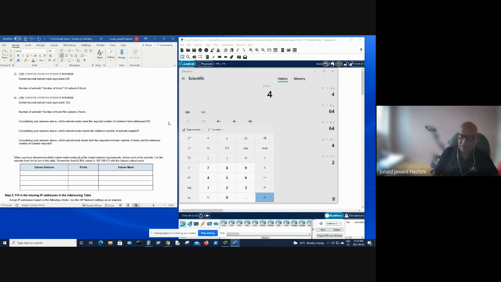All these, if you borrow bits to get /26, 27, 28, 29, 30, that will meet the requirement.